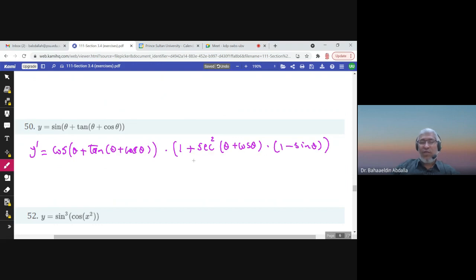If you want to write it in another way, I don't think it's a good idea, but it's okay. Let me show you another way so you understand what's going on here.